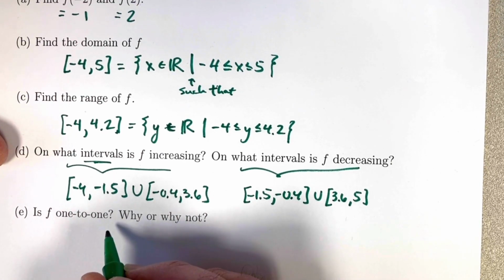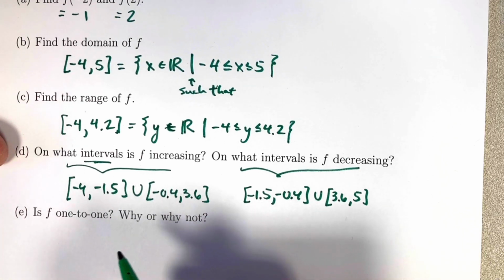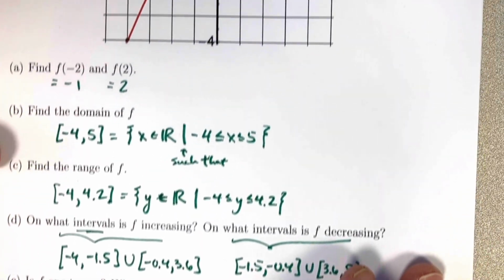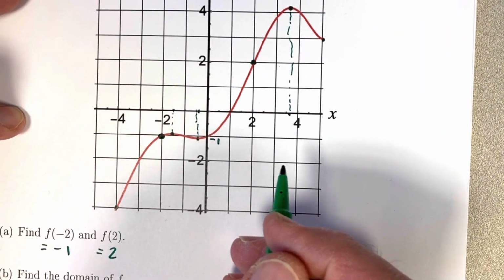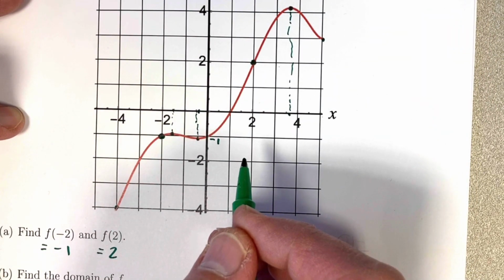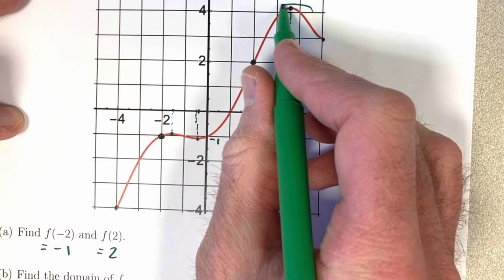What does 1 to 1 mean? It means distinct inputs give you distinct outputs. Said another way, for any given output, there's only one input. That's kind of confusing. That definitely does not happen here, and the clearest way to see that is up here.